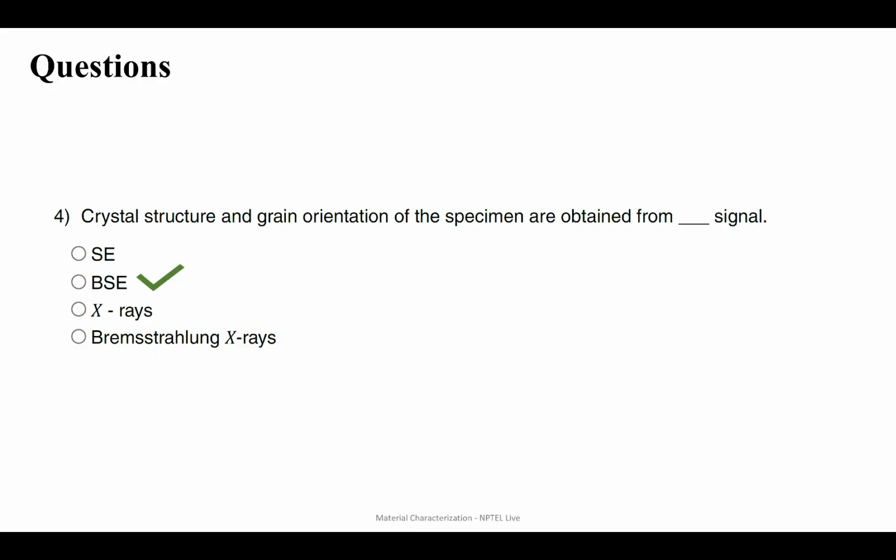So the answer to this will be B, backscattered electrons. SE is secondary electrons, which are used to give your surface morphology. X-rays give you elemental analysis. Bremsstrahlung X-rays are just background radiation, and BSE, backscattered electrons, have the information of your crystal structure and grain orientation.